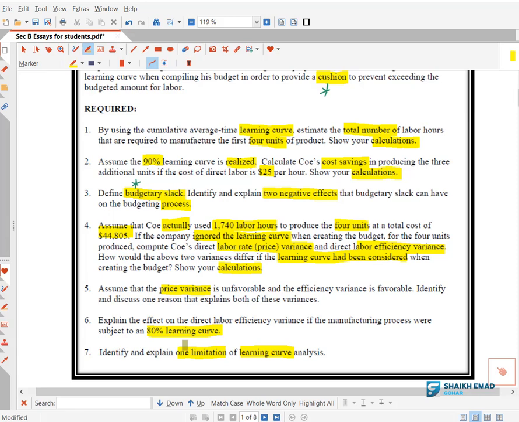Tell me one thing: if we hire a skilled workforce, will they work more efficiently or not? That's why the efficiency variance will be good. Two impacts: you pay them more because they were skilled, and they worked more efficiently. So the rate variance is not good, but the efficiency variance is good. This is one of the reasons.